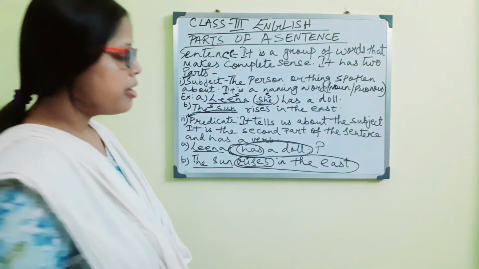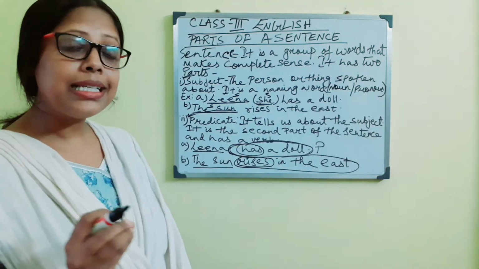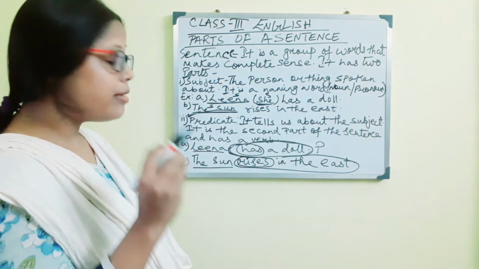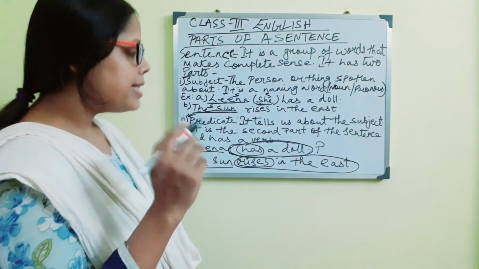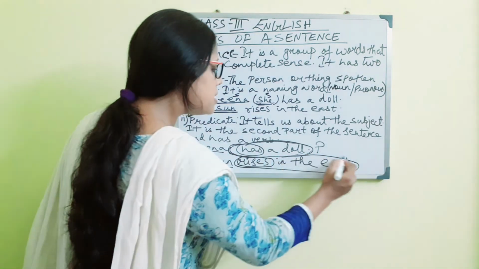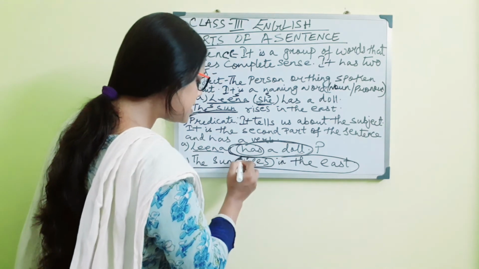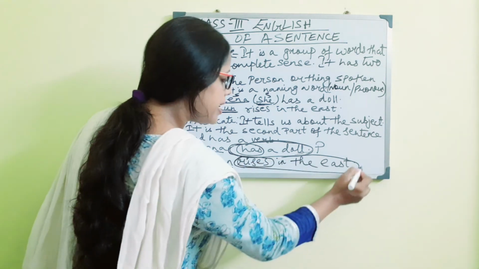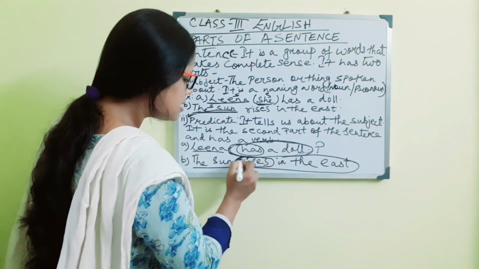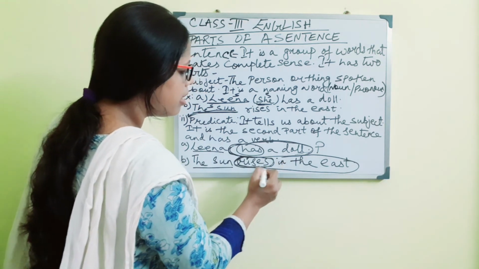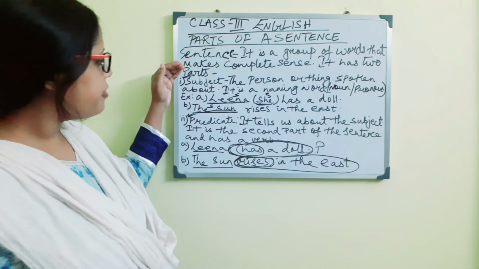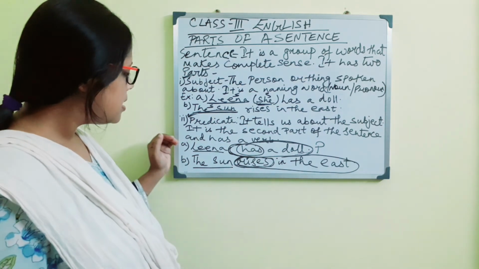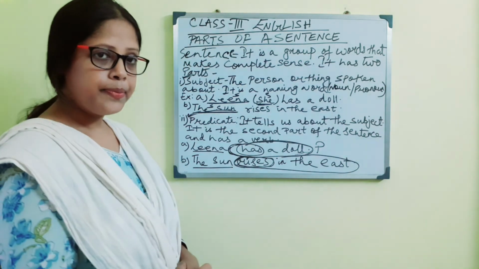What is the sun doing? It is rising in the east. That means this is the second part of the sentence, and this is the predicate, and this predicate has a verb, that is rises. So this is the difference between a subject and a predicate.